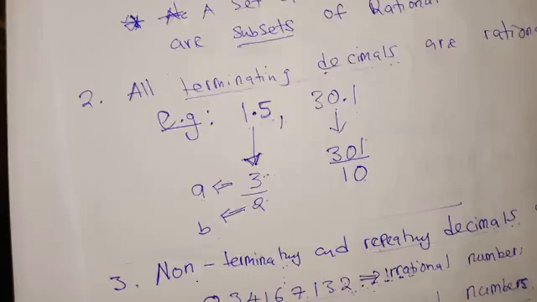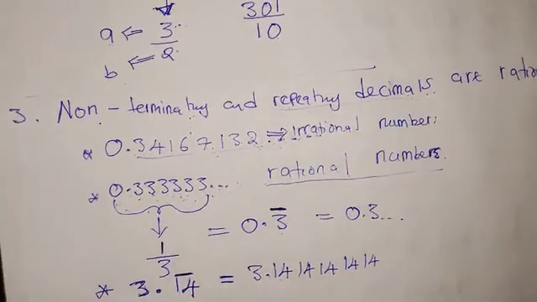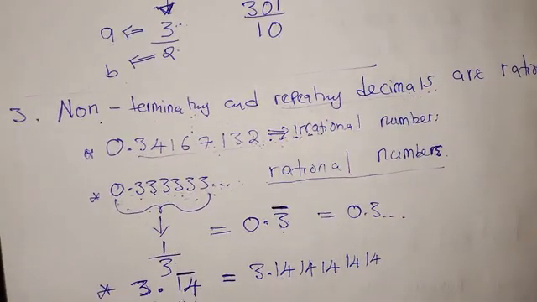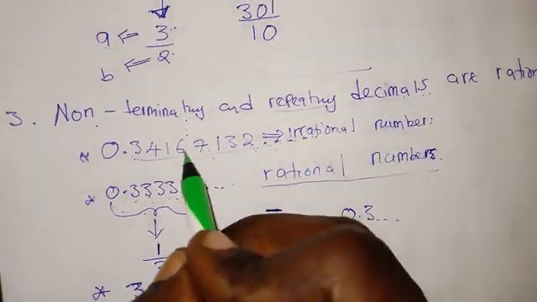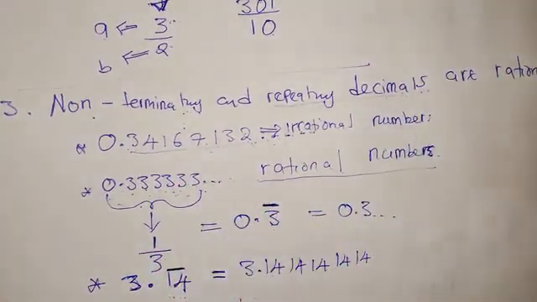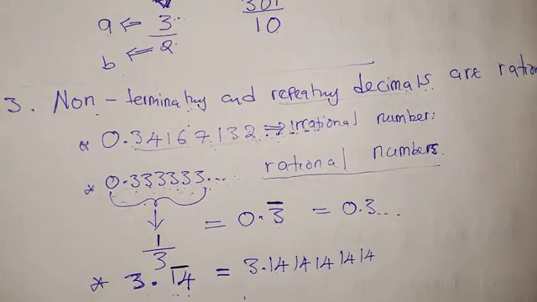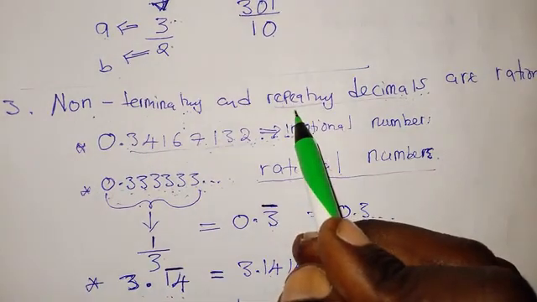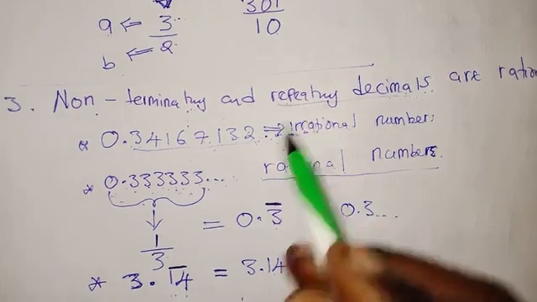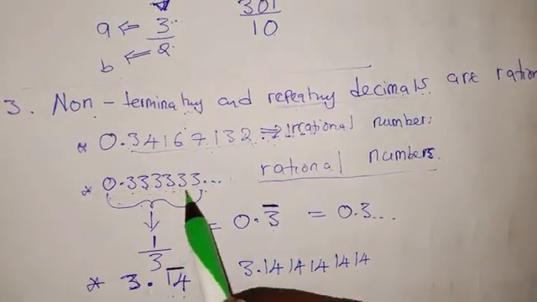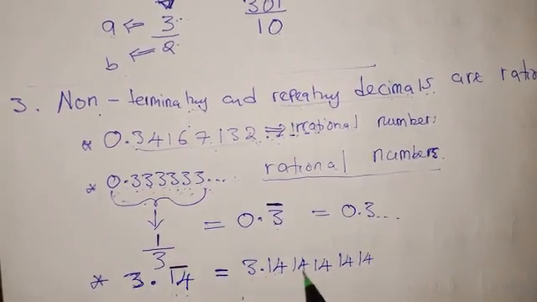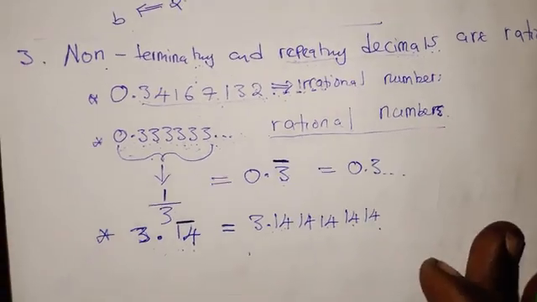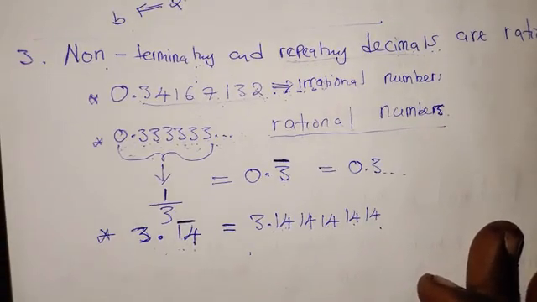And then the third characteristic of rational numbers is that non-terminating and repeating decimals are rational. 0.333 is a repeating decimal, the 3 is repeating. 3.141414 is a rational number, the 1414 is repeating.